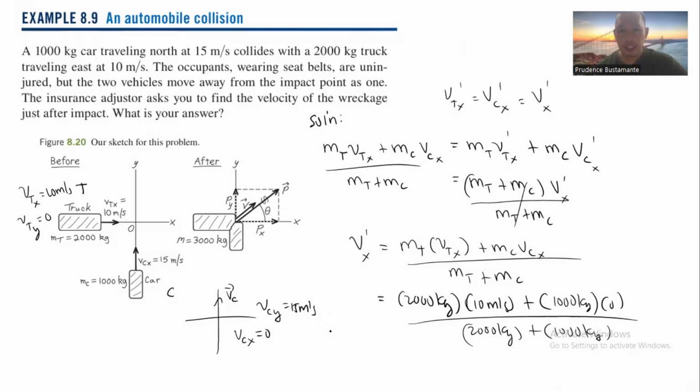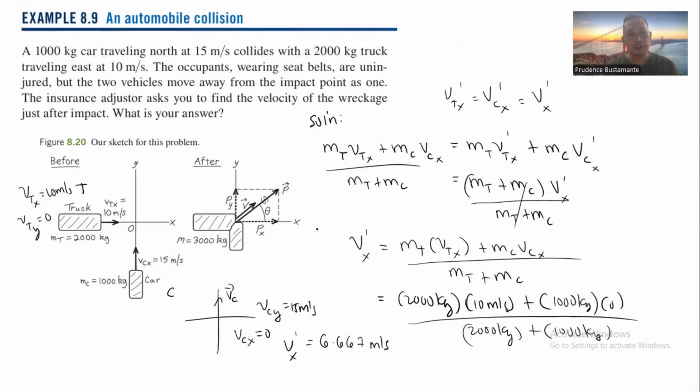So I can actually calculate the Vx prime here. It is equal to 2,000 times 10 over 3,000, so we have 6.667 meters per second.